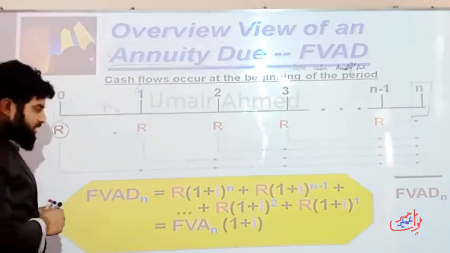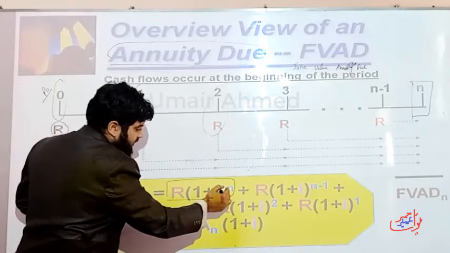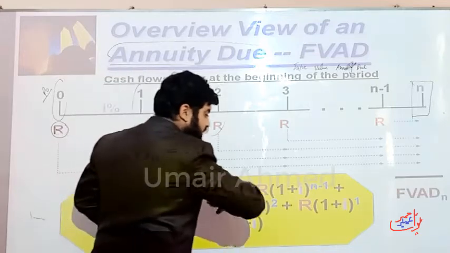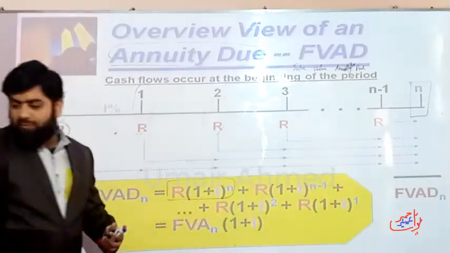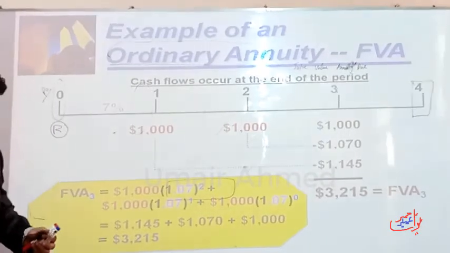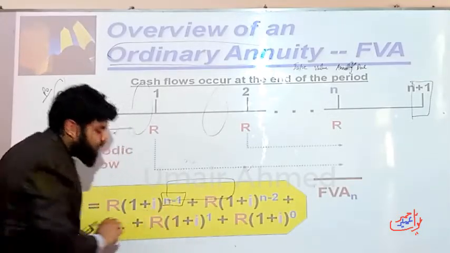It will be calculated with this formula. First you have to write the number of years. Then in the second, what is the difference between the both? In this formula, in ordinary annuity, we started with this n minus 1.